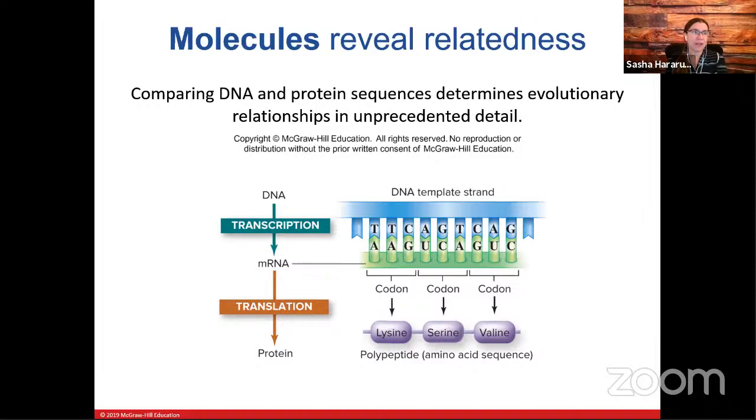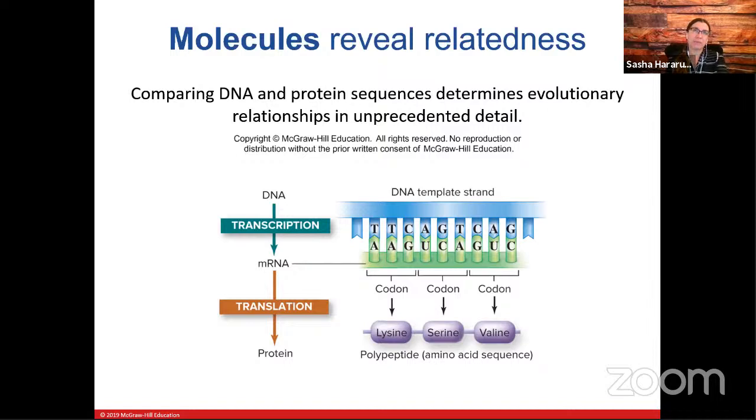It is highly unlikely that two unrelated species would evolve precisely the same DNA, because DNA contains millions and millions of nucleotides.